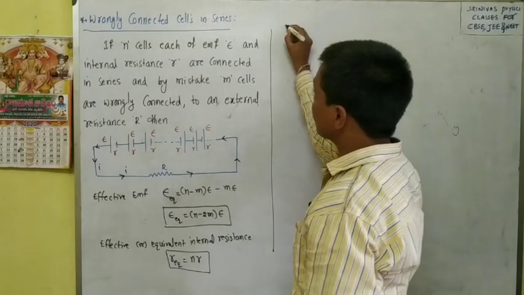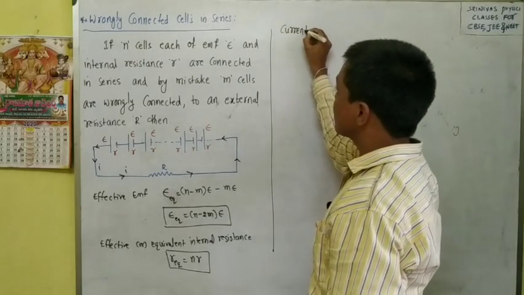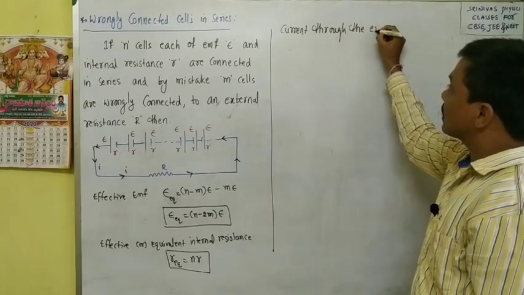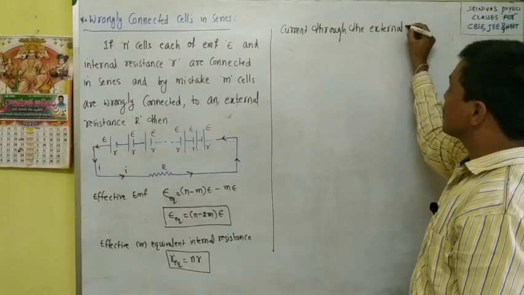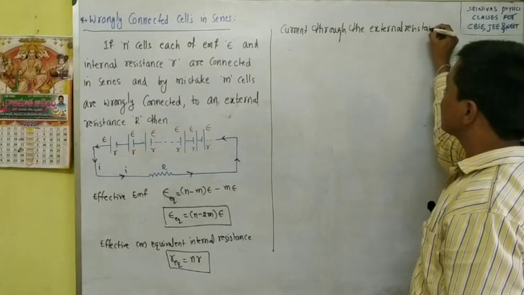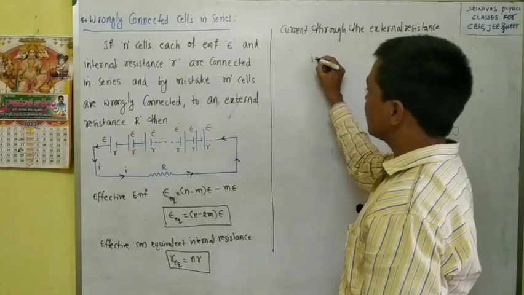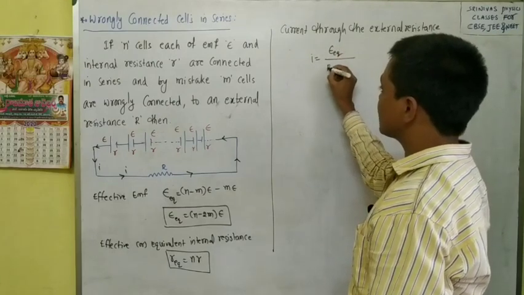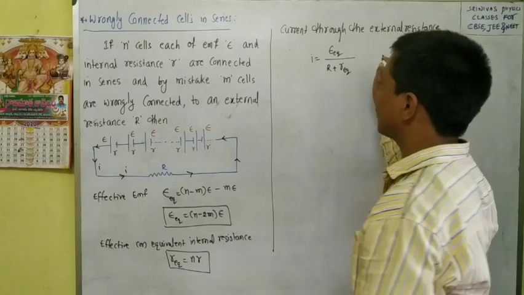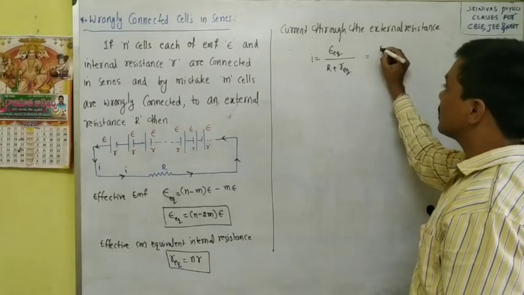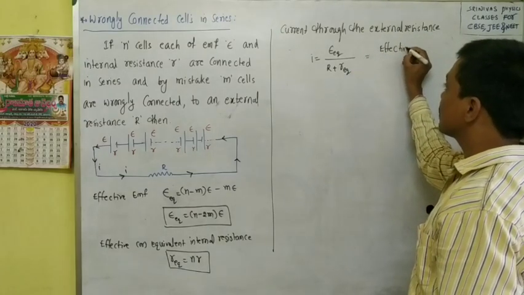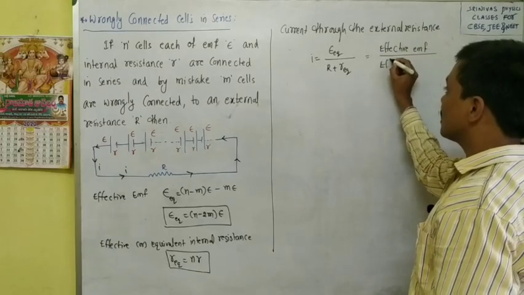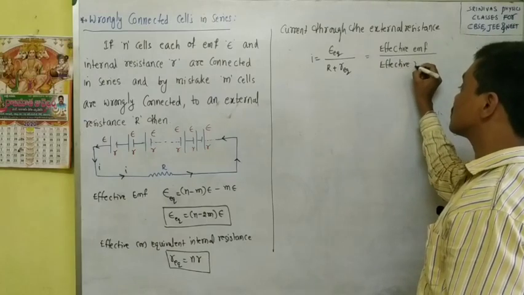Now I want the current through the external resistance. How do we find the current? Very simple: effective EMF by effective resistance. This is the formula to find the effective current, nothing but total EMF by total resistance in the circuit.